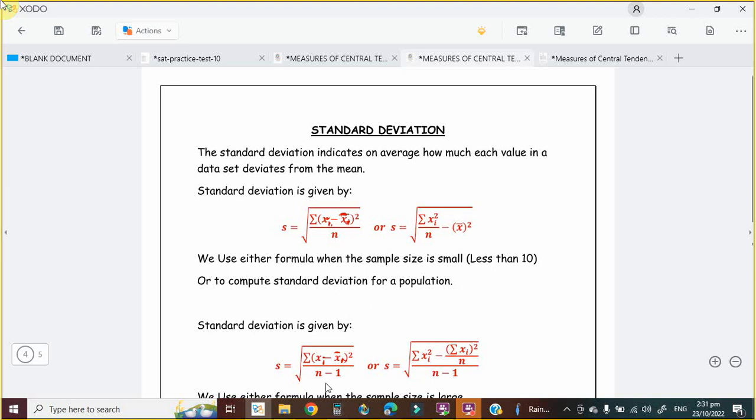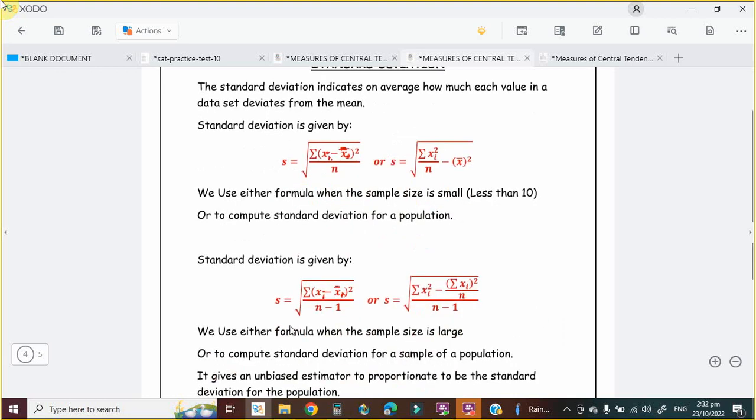Now you divide by n minus 1 when you're doing it for a sample. So when the sample size is large, meaning more than 10, or let's say Jaden couldn't get everybody in the school, but only 900. That is when we divide by n minus 1.